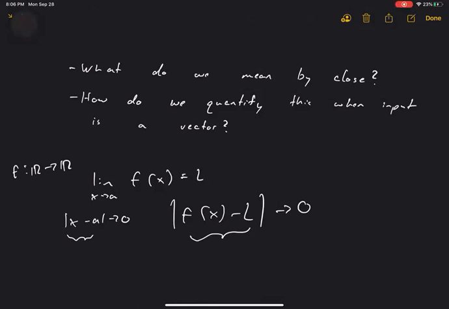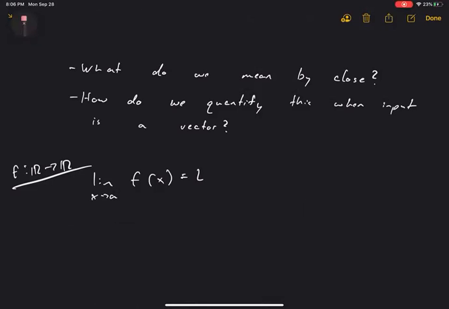Right now this is all just what we're used to. We're just talking about absolute values of numbers, so nothing new there. And maybe you remember we formalized this definition with these Greek letters epsilon and delta. So we're going to revisit that.